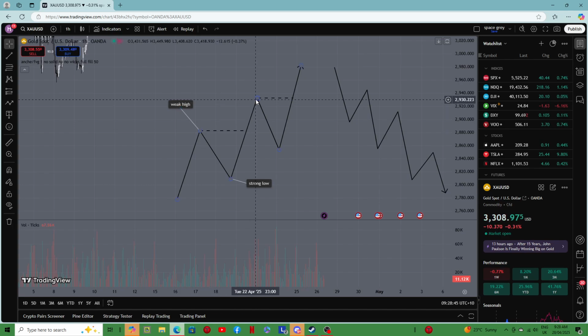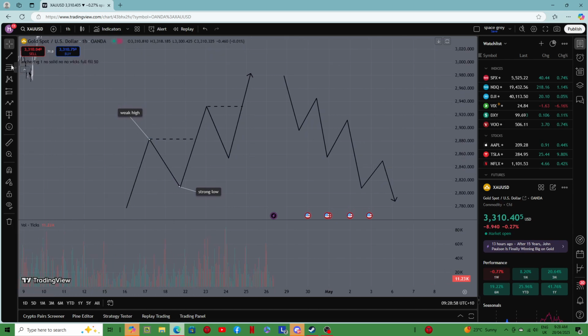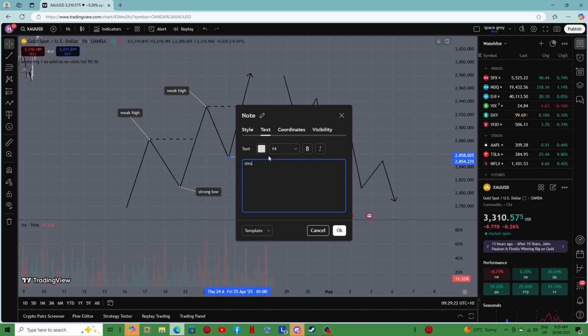When price came down, it wasn't able to go down far enough to push past this level here, making this a strong low. So then when price came back up and it pushed higher than this weak high. Oh, sorry, what am I doing? This is a strong low.